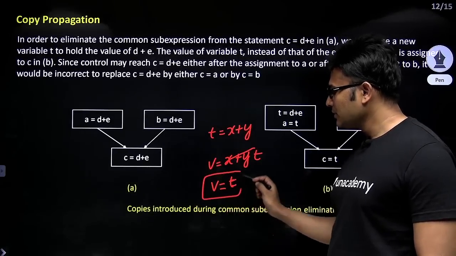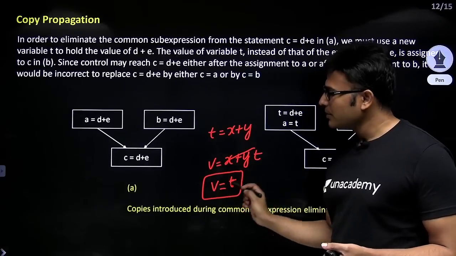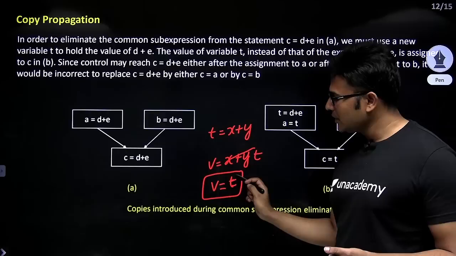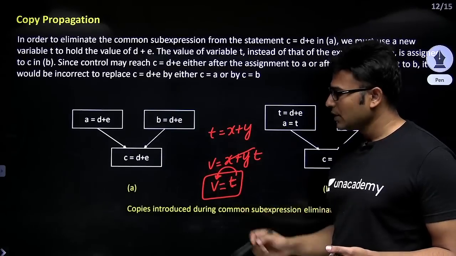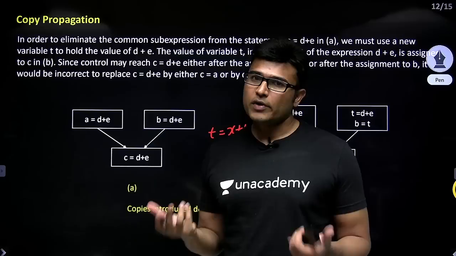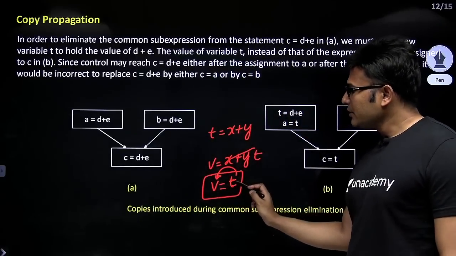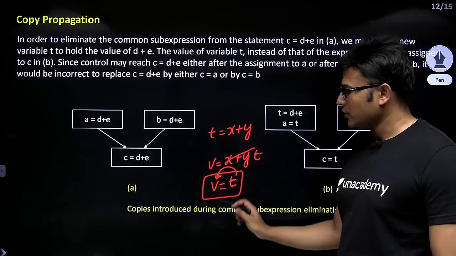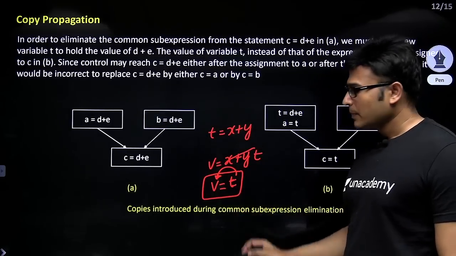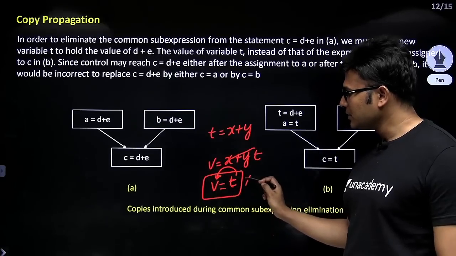If an instruction is not doing anything, if it is just copying a value, see, this is copying the value of t into v, right? Then those instructions are actually not required. Why? Because instead of writing v = t, wherever v is used, you could directly eliminate this statement.